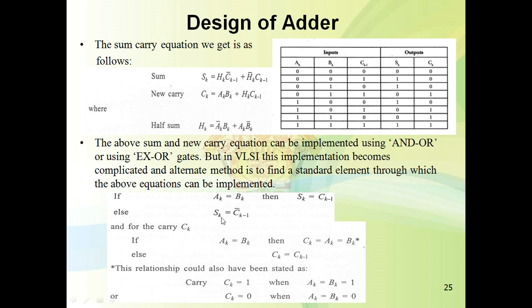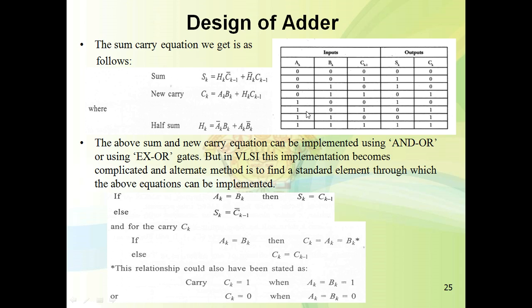Else, sk sum is equal to ck minus 1 complement. Now you can see this row, that is ak is equal to 0, bk is equal to 1 and ck minus 1 is 0, but sum is equal to complement of ck minus 1.